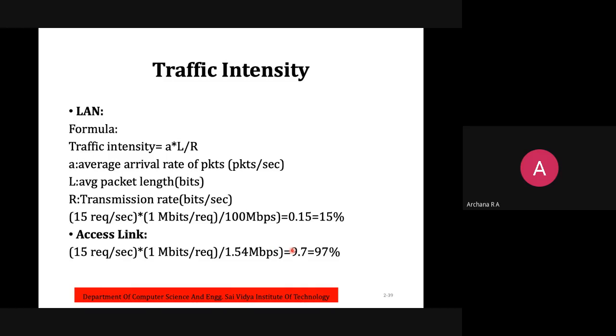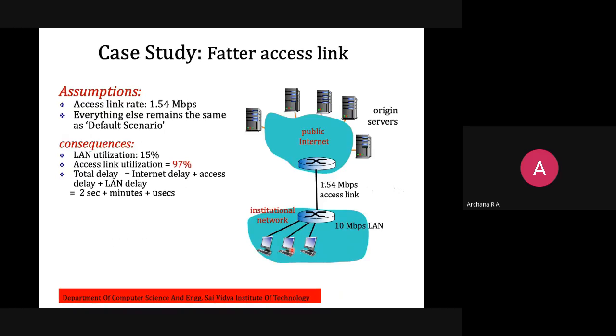The main goal is to reduce your access link utilization. So one solution is to increase your access link rate. Now I have increased the access link rate from 1.54 megabits per second to 154 megabits per second, and everything else remains the same as in your default scenario.